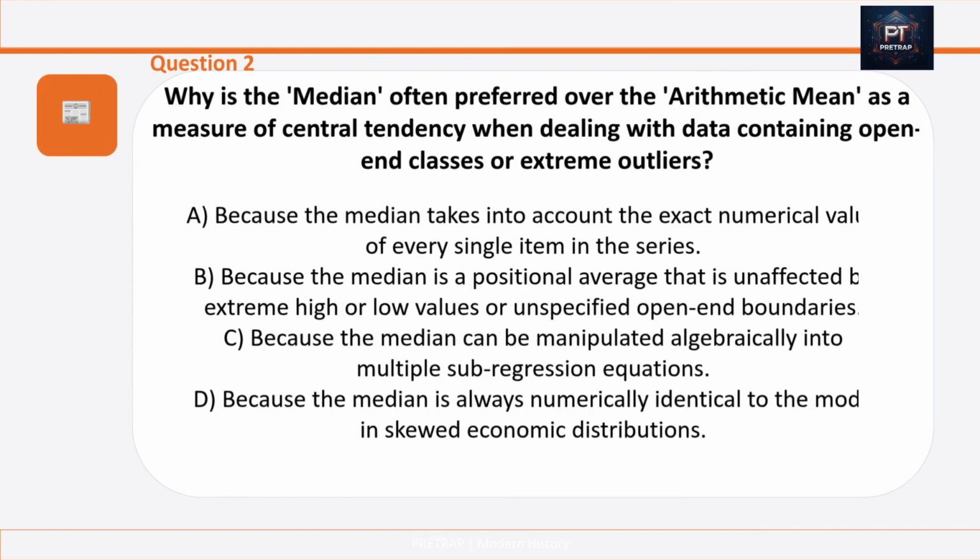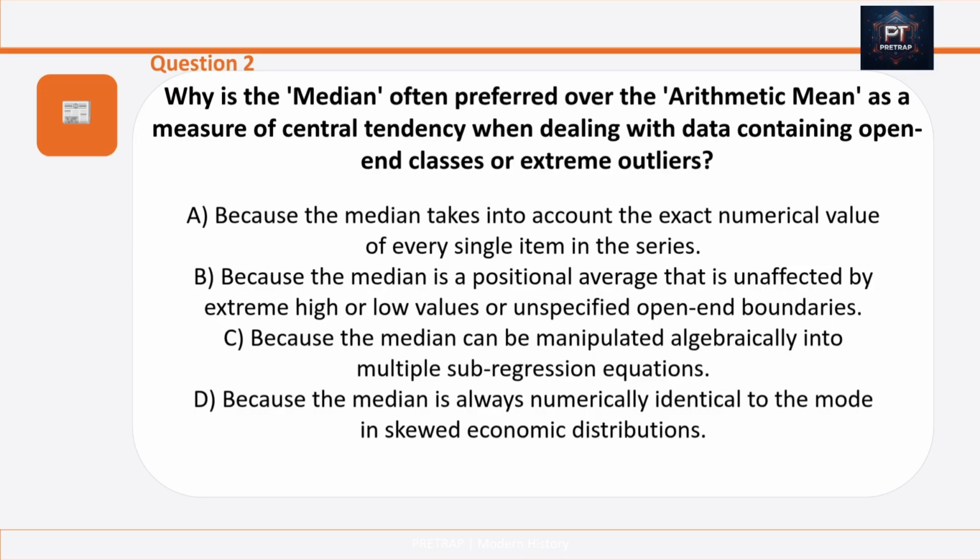Question number 2 is, why is the median often preferred over the arithmetic mean as a measure of central tendency when dealing with data containing open-end classes or extreme outliers? Option A, because the median takes into account the exact numerical value of every single item in the series. Option B, because the median is a positional average that is unaffected by the extreme high or low values or unspecified open-end boundaries.